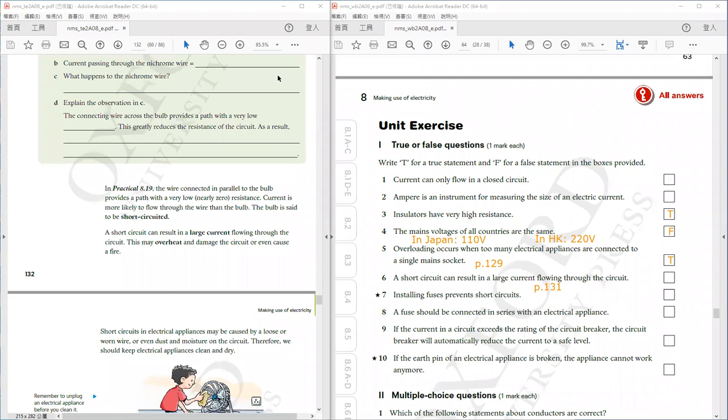When there is a path providing very low or zero resistance, the current is very large, which will overheat the circuit or even cause a fire. So this is a correct concept. You also have to say where to find this concept: page 132.